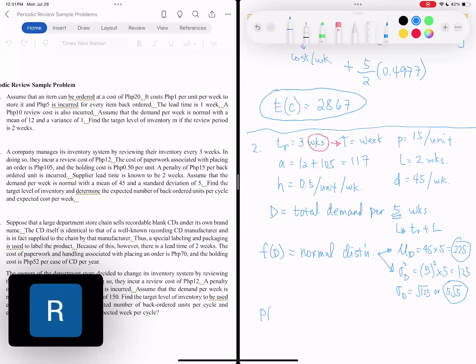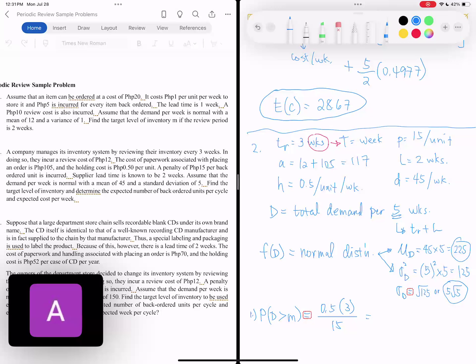As I've said, probability D greater than M, you start with that. It is equal to, quickly, what's the formula? H TR over P. H is 0.5, TR is 3. It's just substitution, divided by 15. What is that equal to? 0.1.